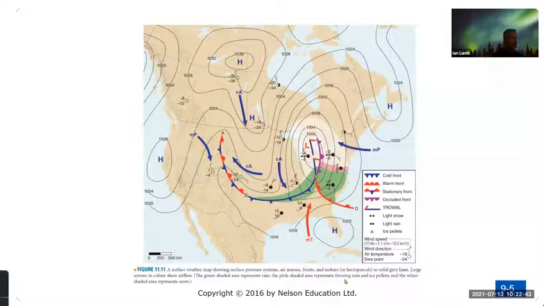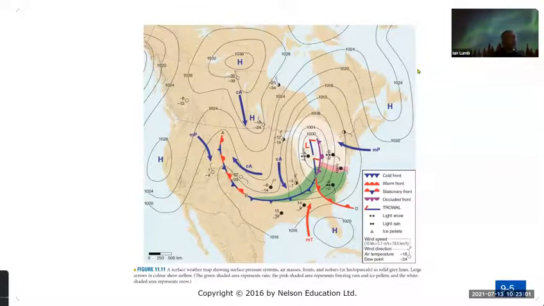This is from our Canadian edition of the textbook. So the isobars are indeed contoured in hectopascals. If you happen to find data from the US, they tend to use millibars. I think the UK does as well. But under the metric system, these lines here are pressure.